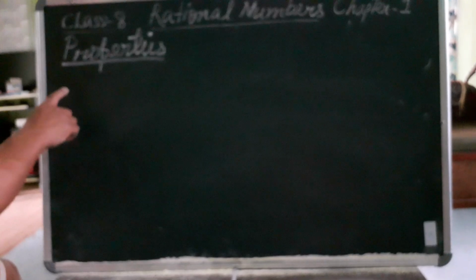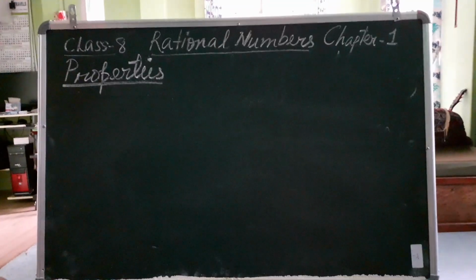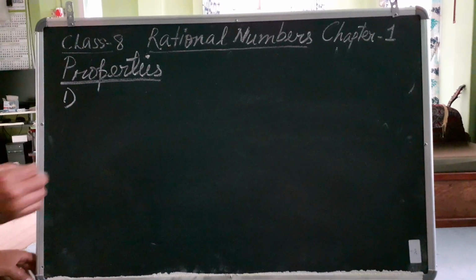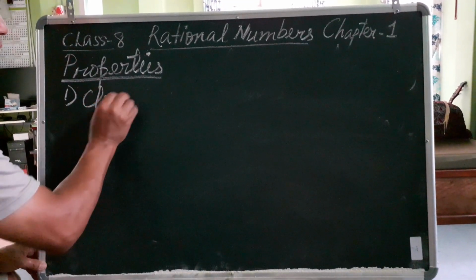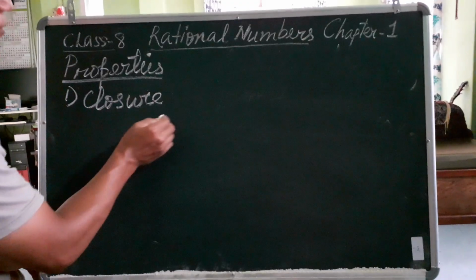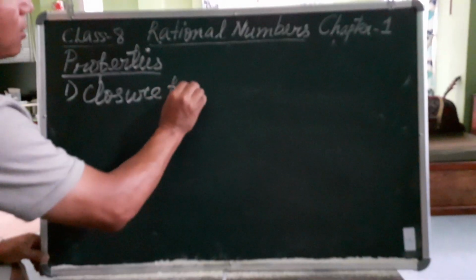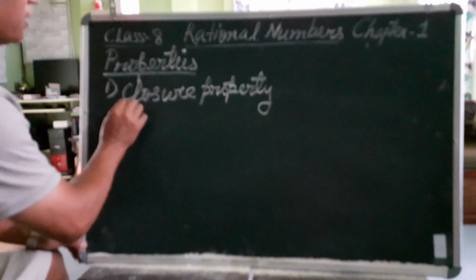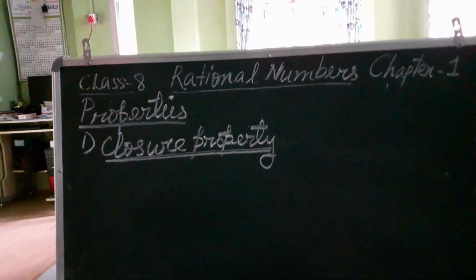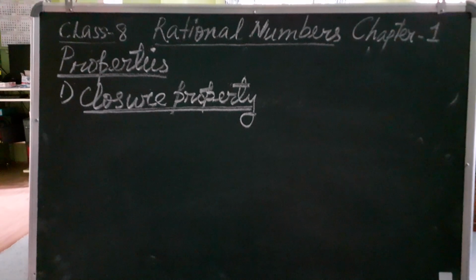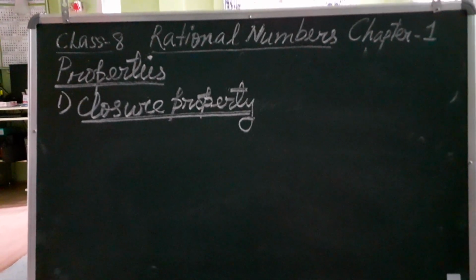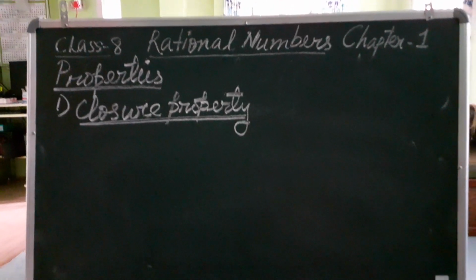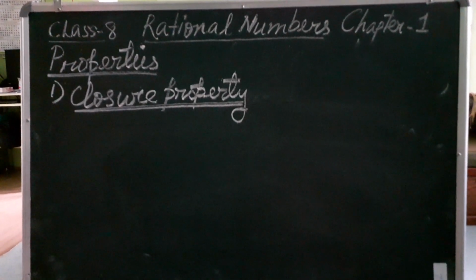Let us learn the properties of rational numbers. First property, closure property. If A and B are two rational numbers, then A plus B is a rational number.